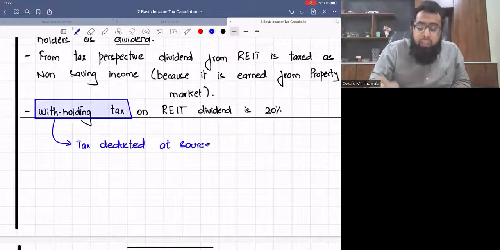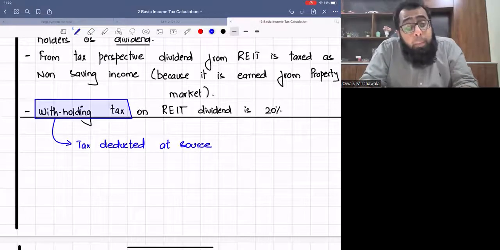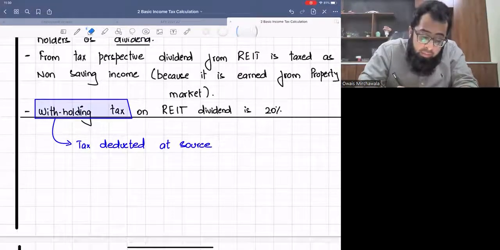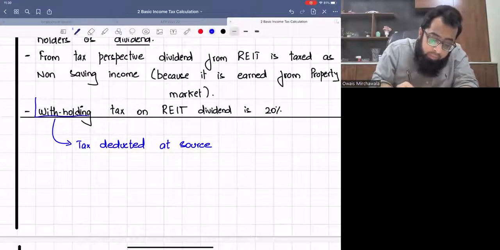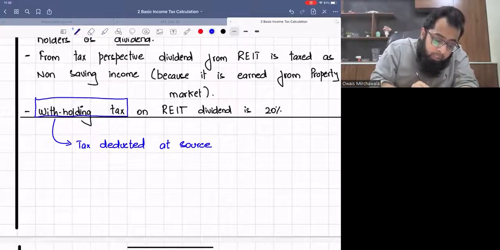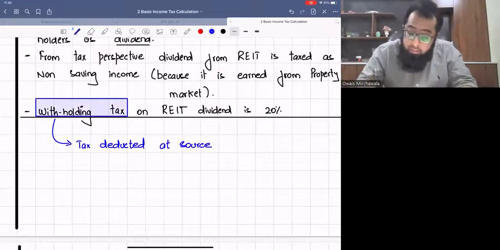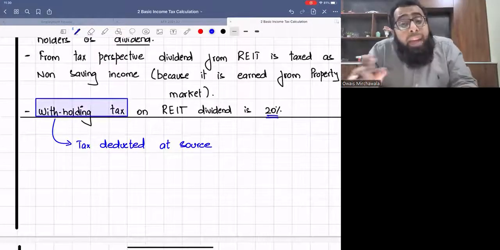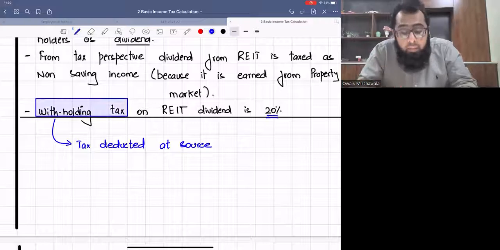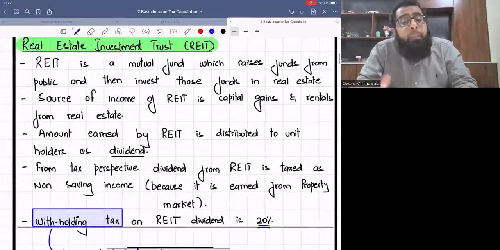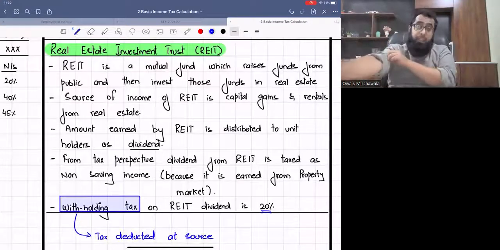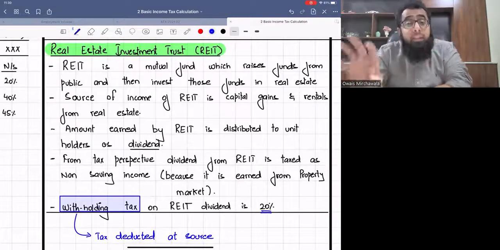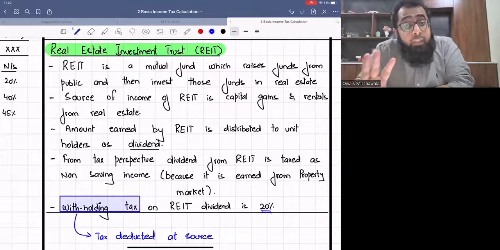Whenever a real estate investment trust distributes a dividend, the tax department will deduct 20% advance tax. This advance tax will be adjustable in our final tax liability. We will discuss this issue in a practice question.